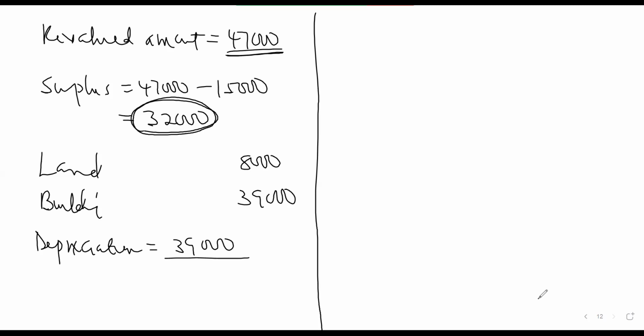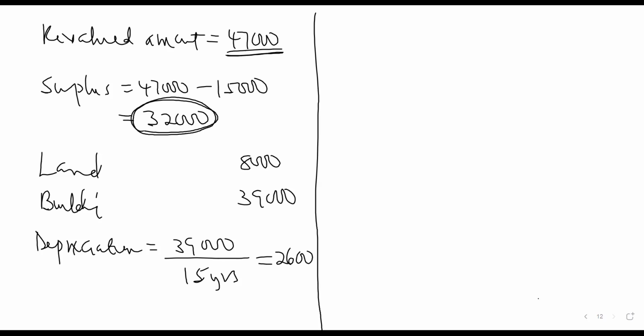What is the remaining useful life given to us? 15 years. So it means that depreciation on building will be how much? $2,600.